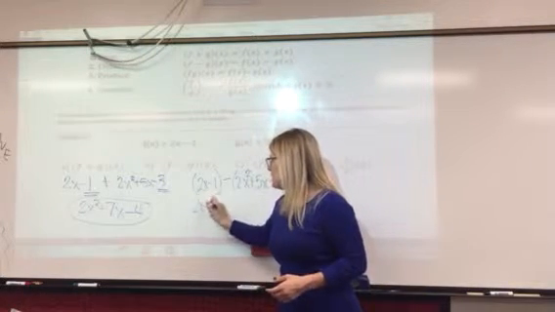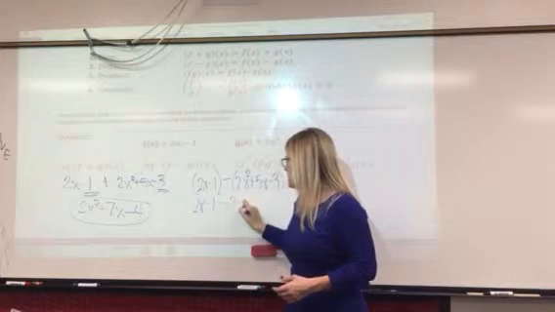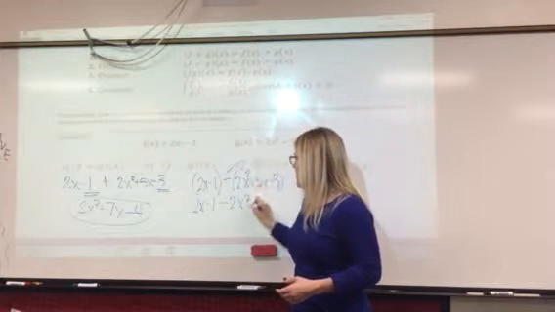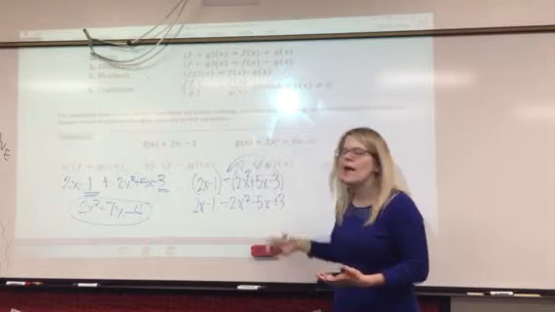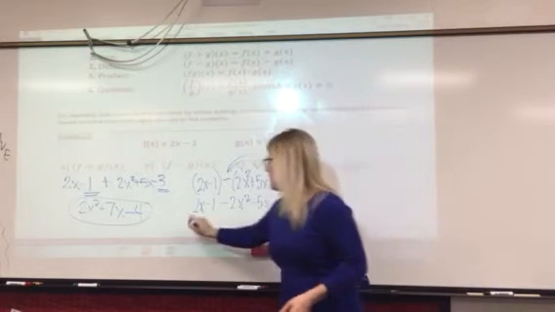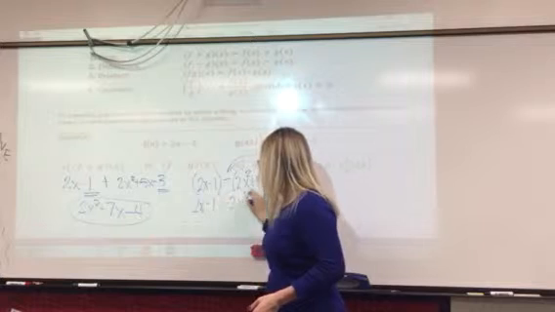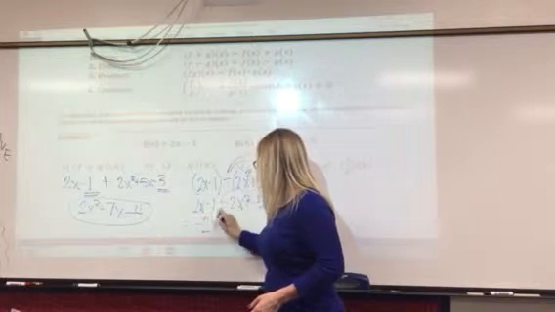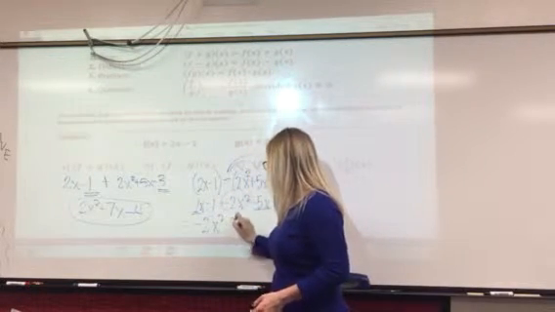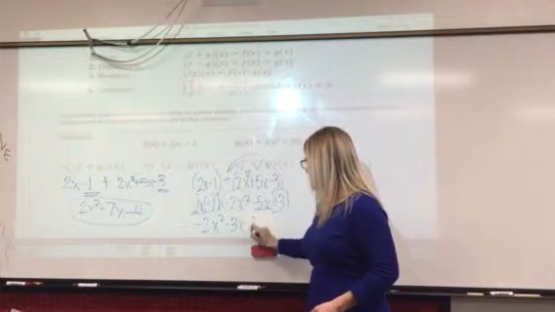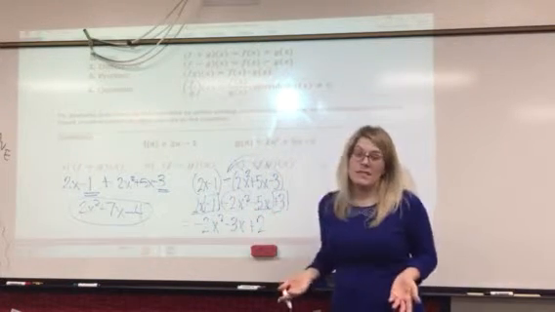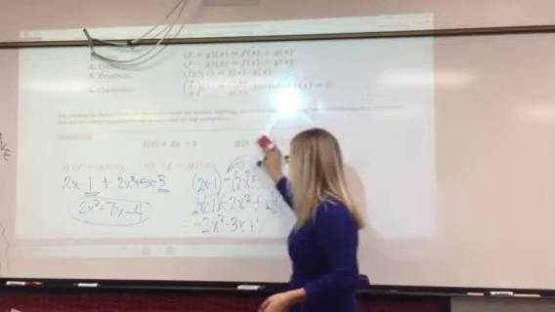So nothing's really going to change up front, but I'm going to have minus 2x squared minus 5x plus 3, and now I can combine my like terms from here. Easy enough. Okay.